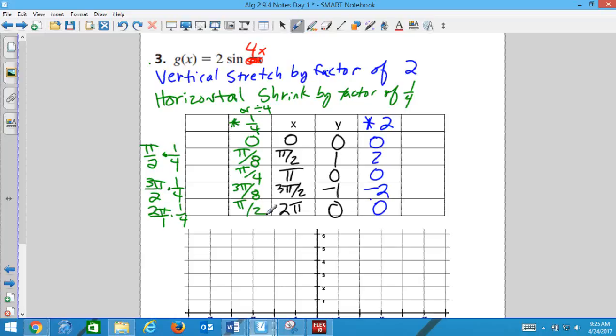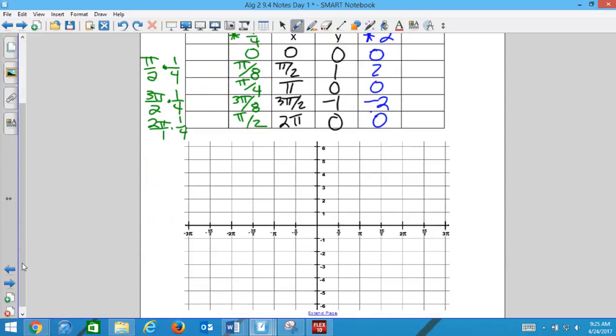And then we go and we plot these. Zero, 0. All right, pi over 8. I don't really know what that is on my graph exactly. Pi over 4. It's exactly in between pi over 2 and 0.